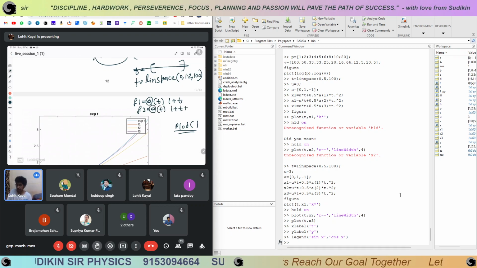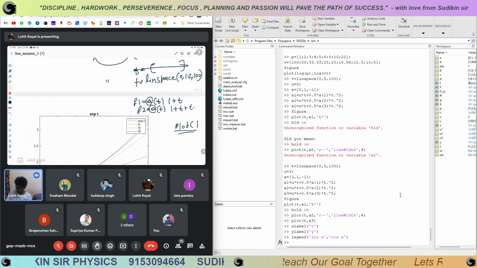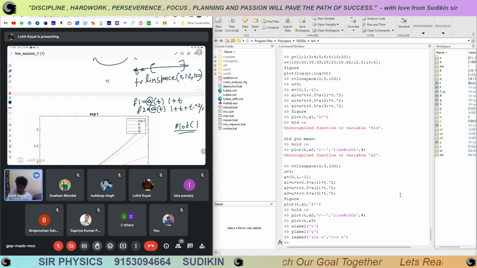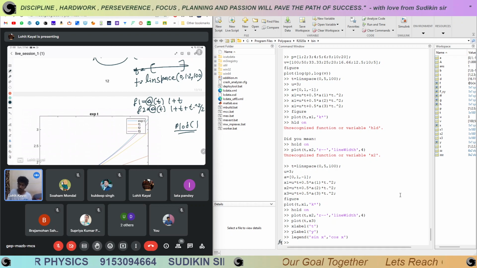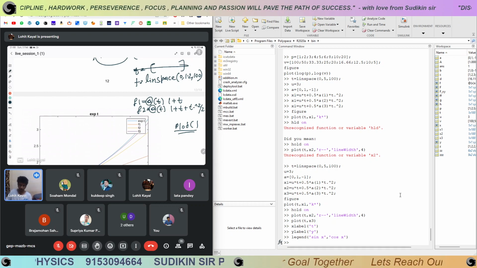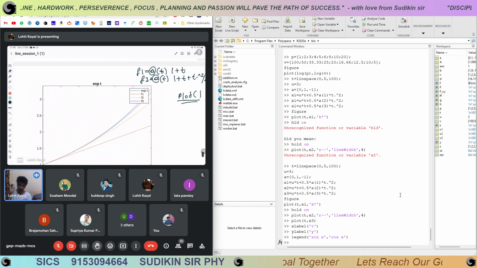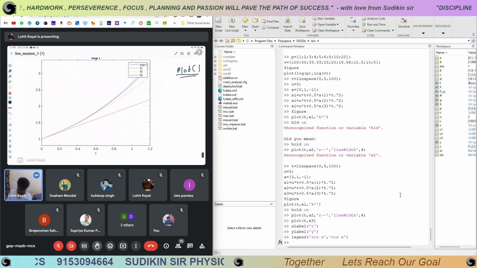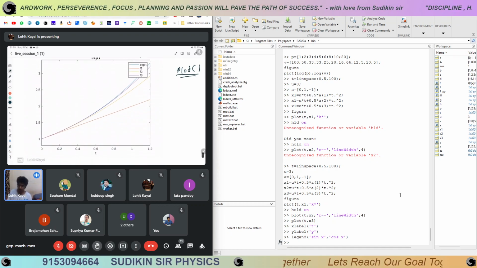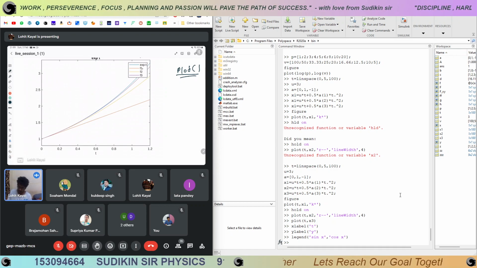Here, as it is a vector, you have to write t dot square by 2. Similarly f3, f4, and exponential of t, and you can do the same thing. It is up to you. You can try that at home.